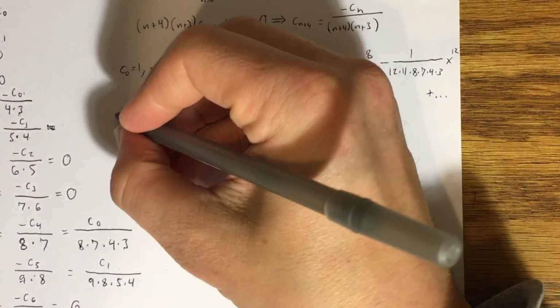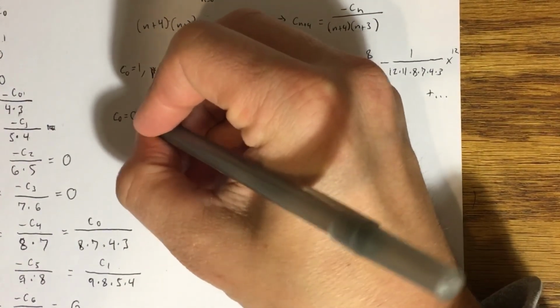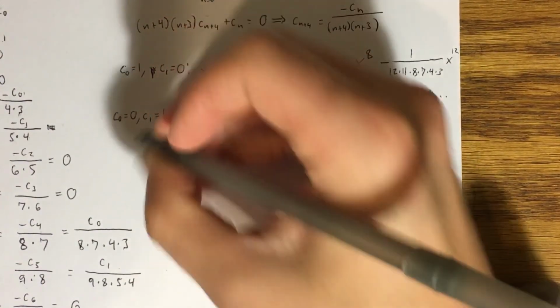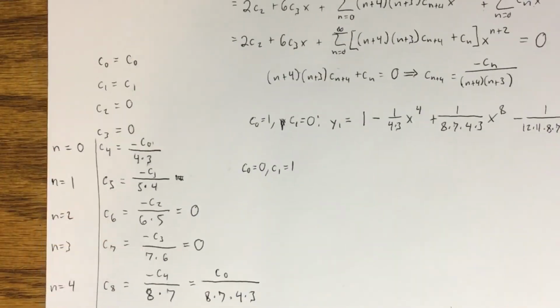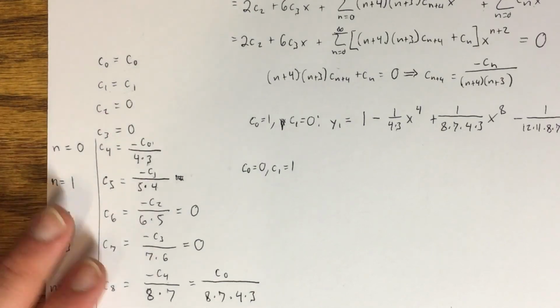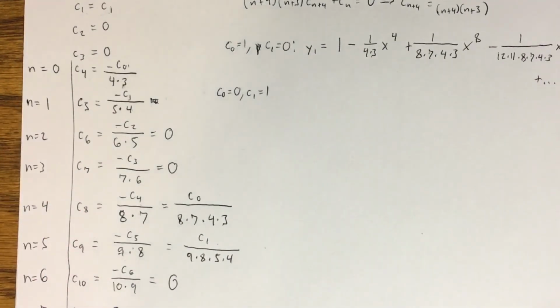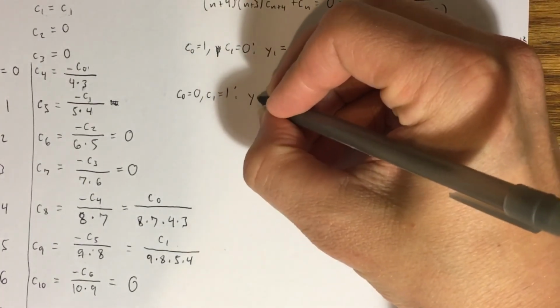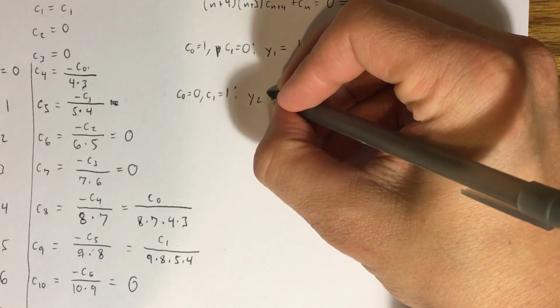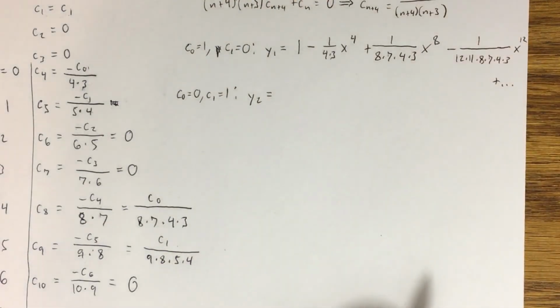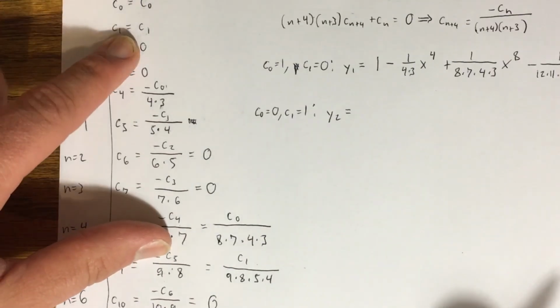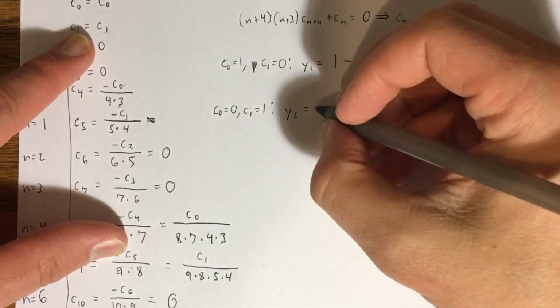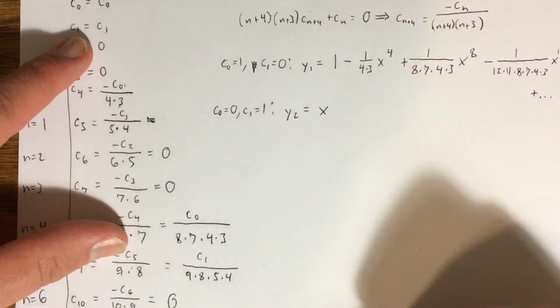If I do the reverse of that, if I assign C0 equals 0 and C1 equals 1, what that's going to do is make all of my coefficients that have a C0 in them go to 0, and I'm only going to be left with the coefficients involving a C1 somehow. That C1 will equal 1, and so I get this. y2 equals, let's see, C1, remember that's the coefficient on my x term, so that's going to just be 1x, or x.